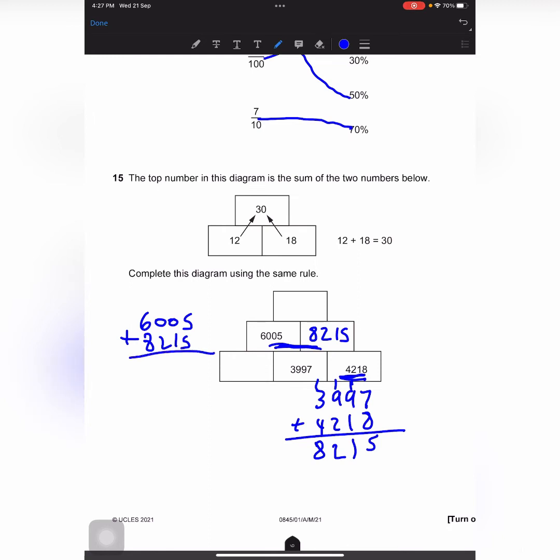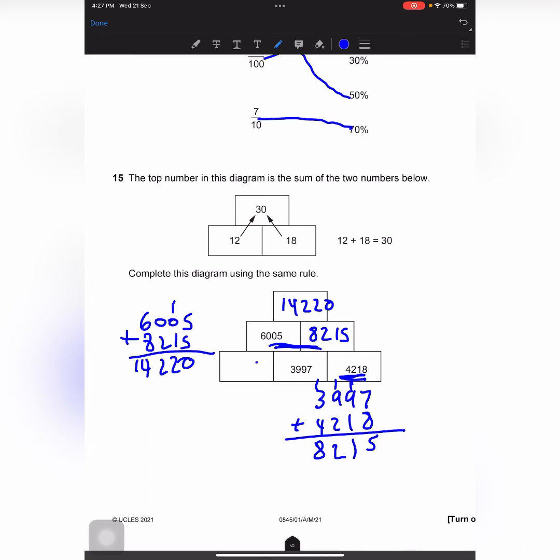So this will become 10, 2, and then this will become a 2 as well, and 8, 9, 10, 11, 12, 13, 14. So there. So this is going to be our answer. 14,220.